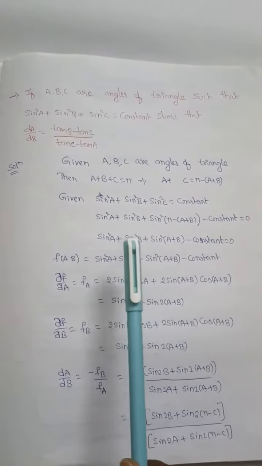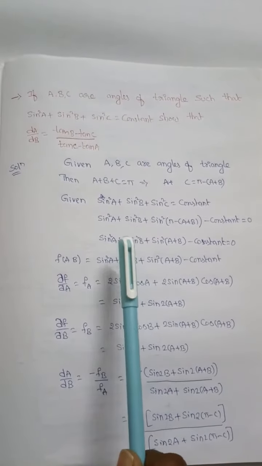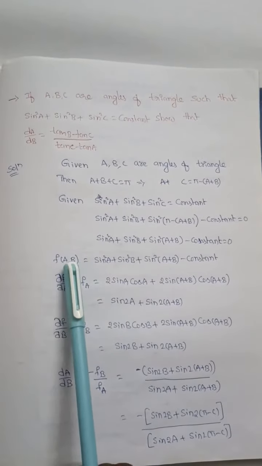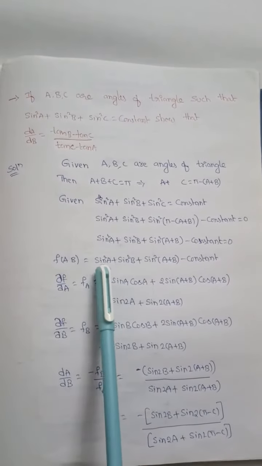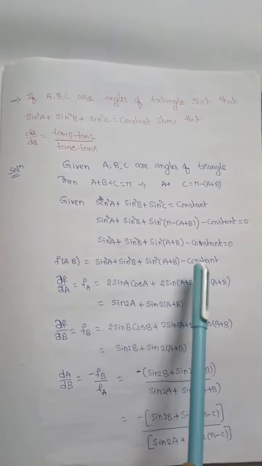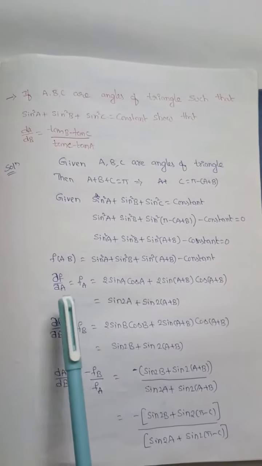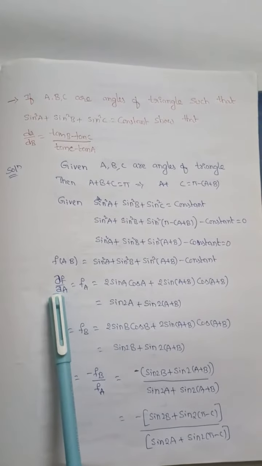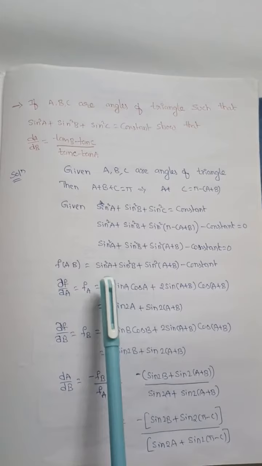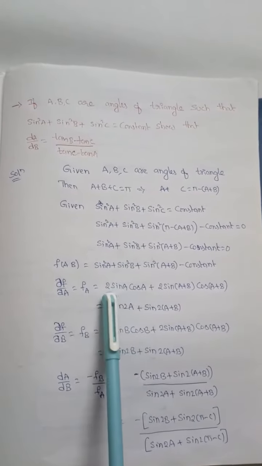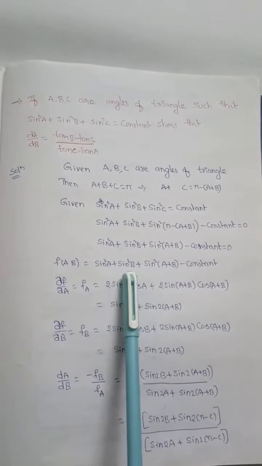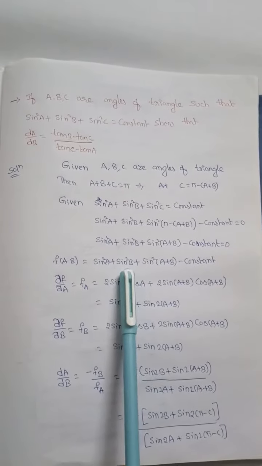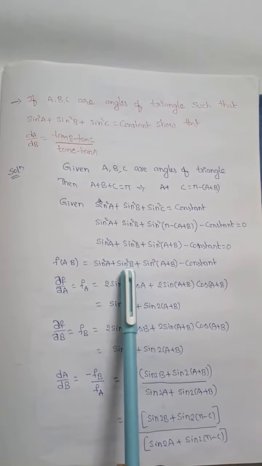Okay, here it is a function in the variables A and B. So let us consider f(A, B) equals sin²A + sin²B + sin²(A + B) − constant. Differentiating the function partially with respect to A, the remaining variables are treated as constant. So the derivative of sin²A is 2 sin A cos A, plus the derivative of sin²B is 0, since B is treated as constant, plus the derivative of sin²(A + B) is 2 sin(A + B) cos(A + B), where the derivative of A is 1 and of B is 0.